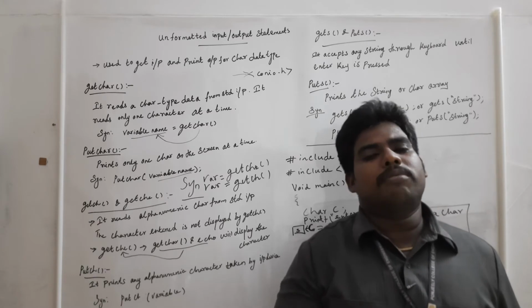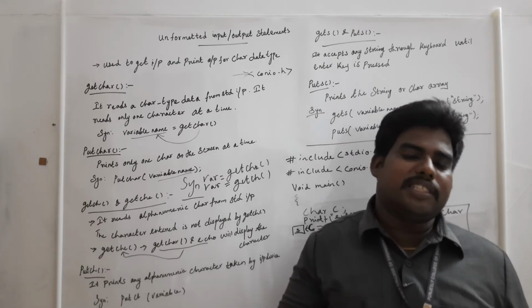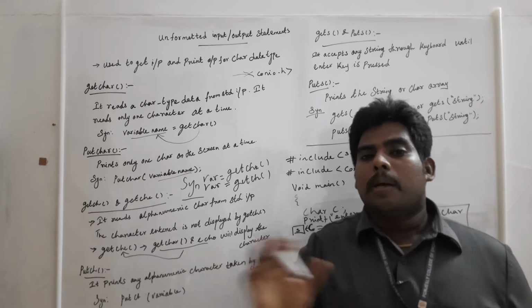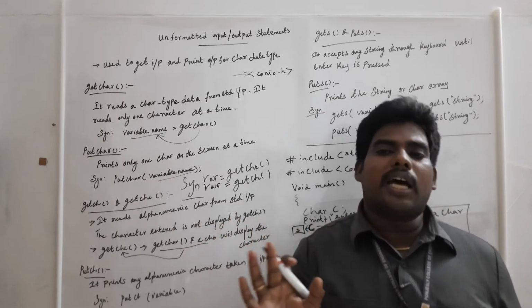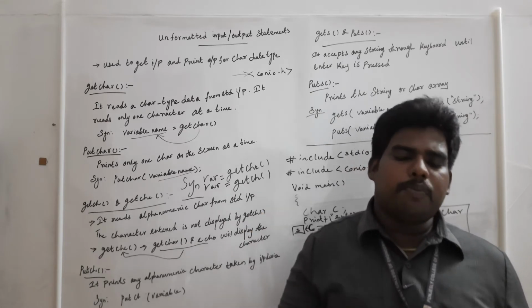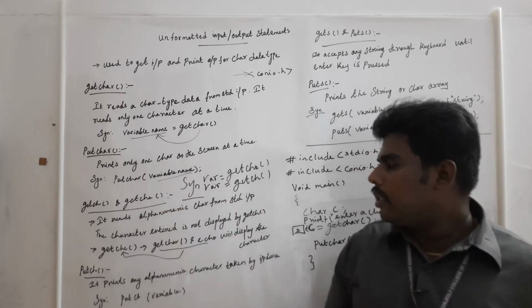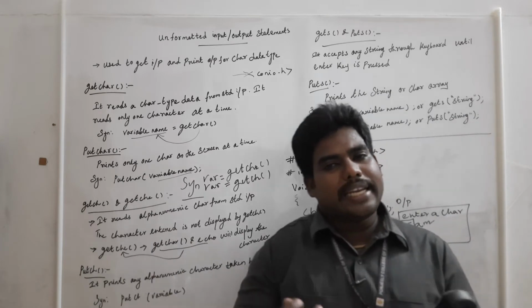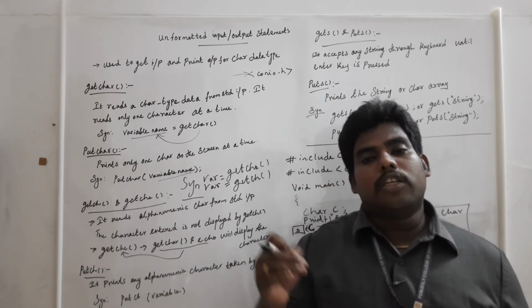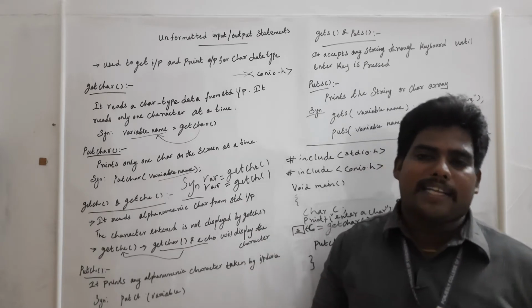In most programs, at the end you are using getch. The reason is it will get the input from the user, but it doesn't display it in the output screen. Whatever you entered as input should not be displayed.